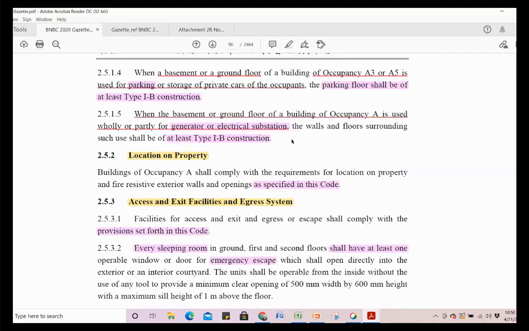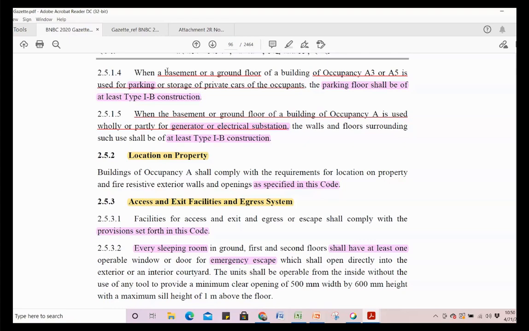When a basement or a ground floor of a building of occupancy A3 or A5 is used for parking, this is about two particular occupancies, A3 and A5. When its basement or ground floor is used for parking or storage of private cars of the occupants, the parking floor shall be of at least type 1B construction.